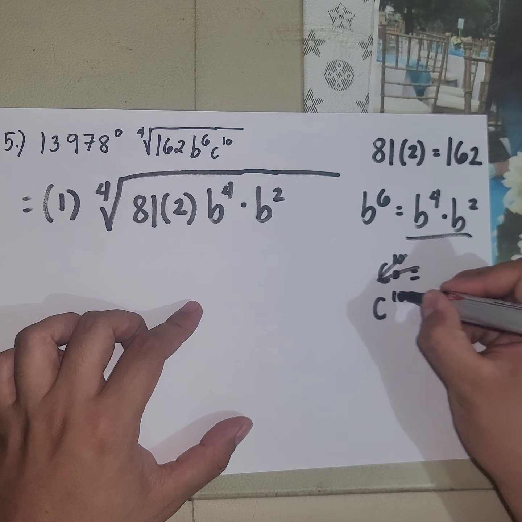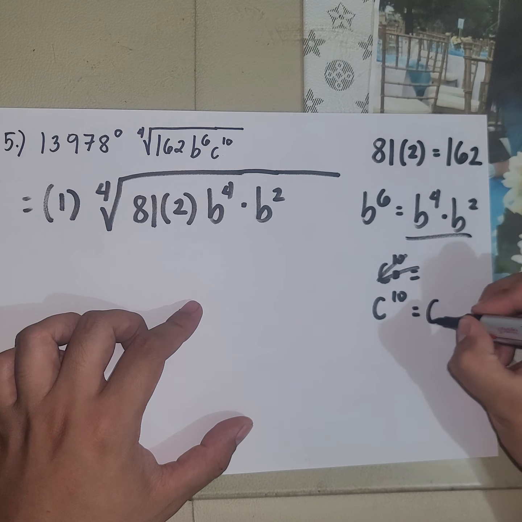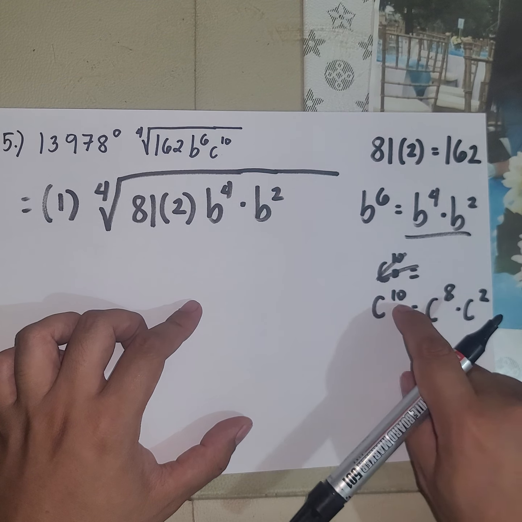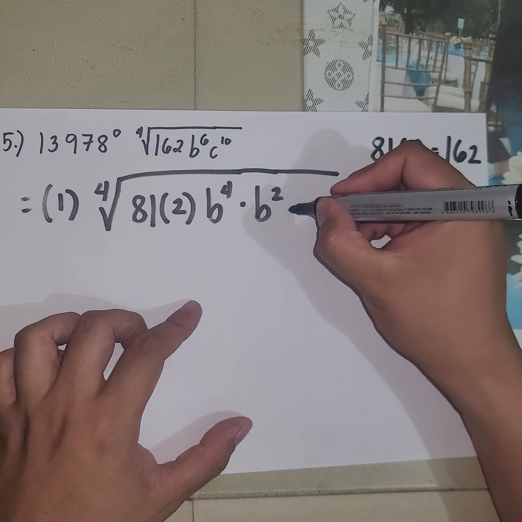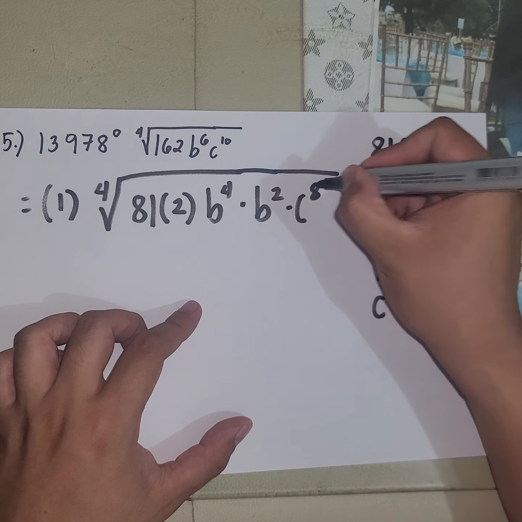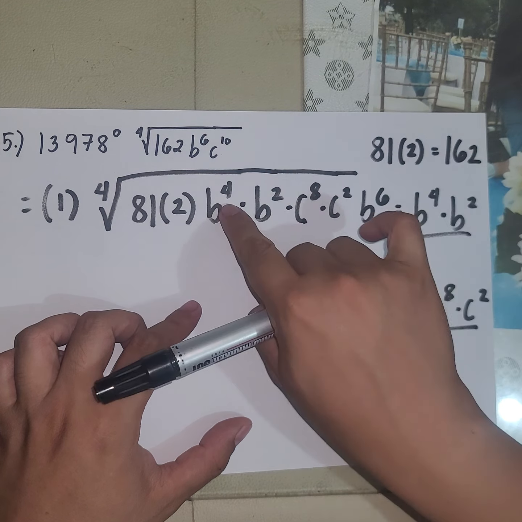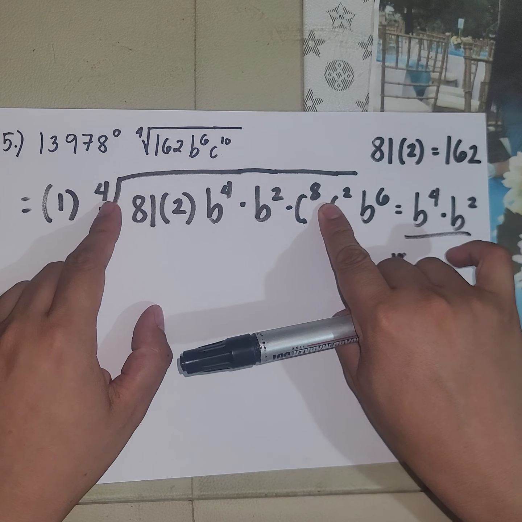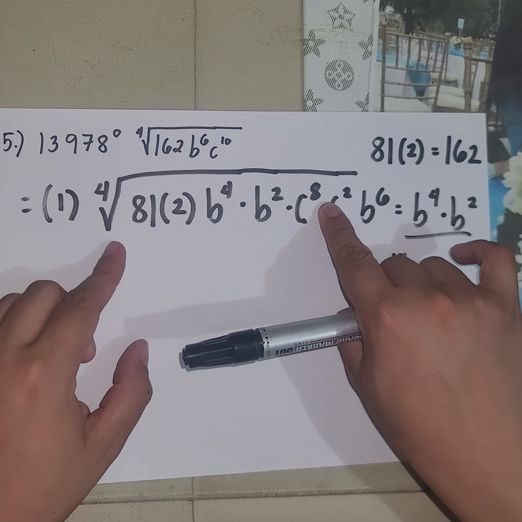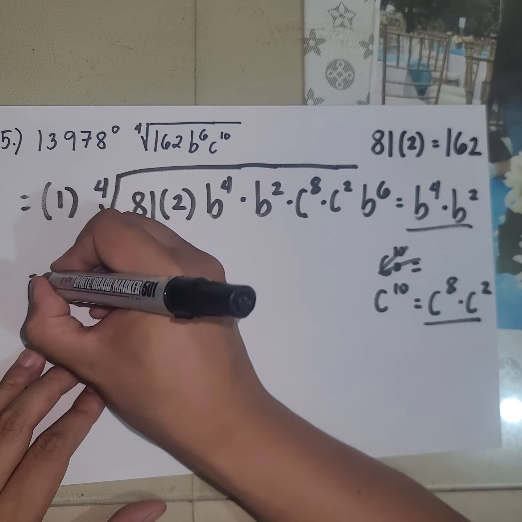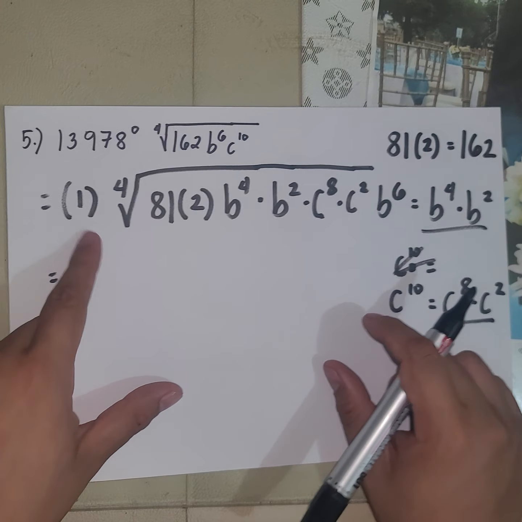Yung C raised to 10 ay equal kay C raised to 8 times C raised to 2. 8 plus 2, that is 10. Wherein yung 4 and 8 are divisible by 4. So, yung 1 na to, alisin mo na yan. Wala nang kwenta to, yung 1 na yan.